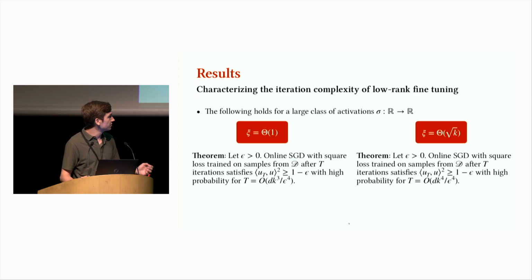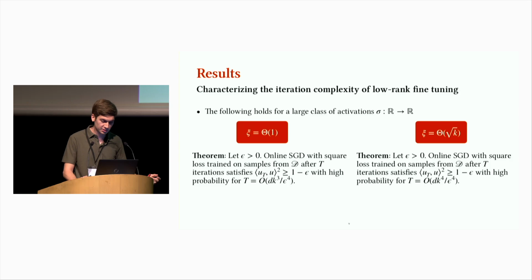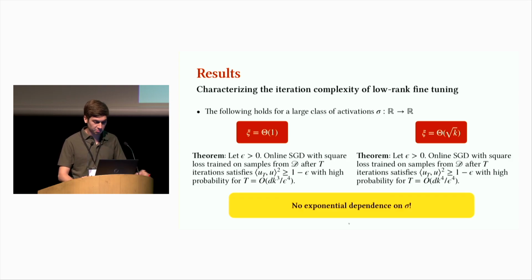Here, we show that to recover the ground truth direction, it suffices to have order dk cubed over epsilon to the 4th iterations, and we have a similar result for the larger perturbation setting where the perturbation is comparable to the weight matrix in Frobenius norm. But in particular, there's no exponential dependence on sigma here, as opposed to the results for feature learning where there's some quantity about the activation that shows up in the exponent of the dimension.